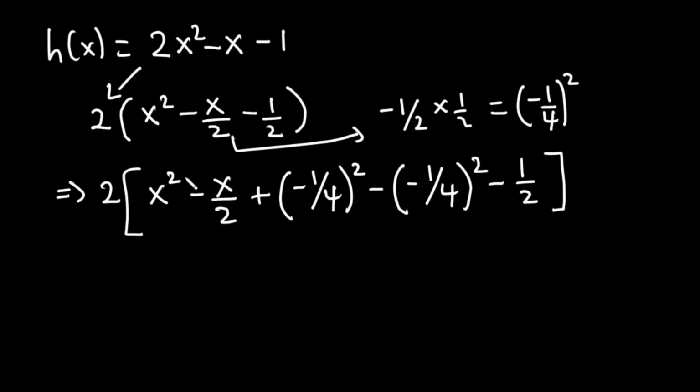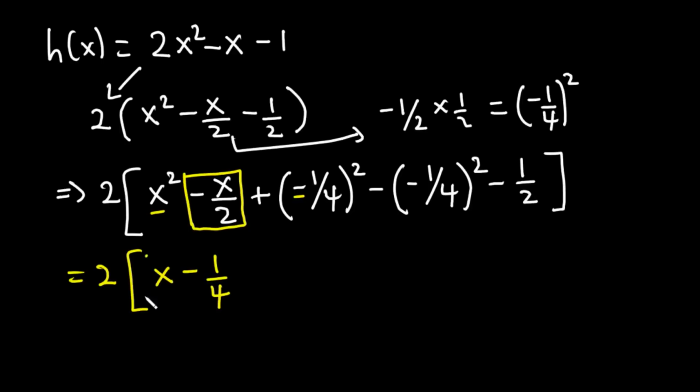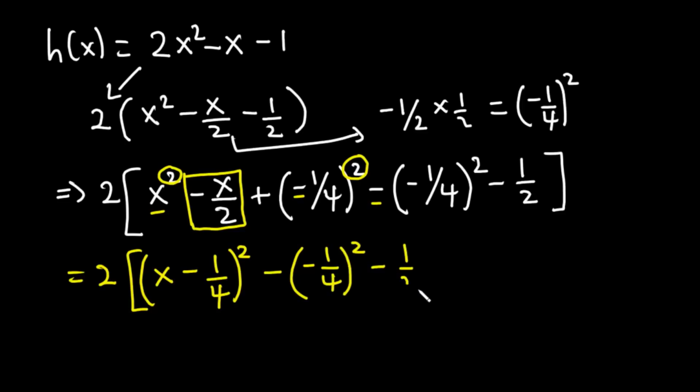So we are going to eliminate negative x over 2, and then we are going to get x minus 1 over 4 all squared minus negative 1 over 4 squared minus 1 over 2.